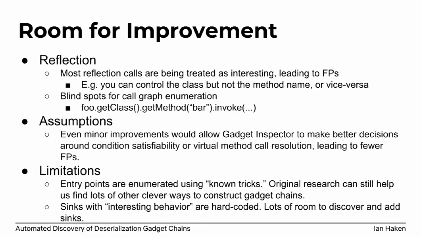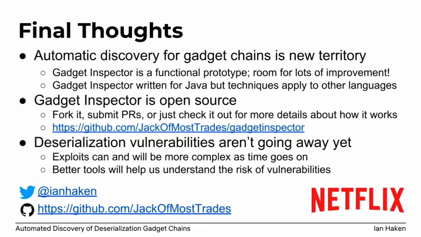But one of the things that I really think is worth taking away from this is that it's completely uncharted territory for the deserialization space, automatically finding these gadget chains. And I feel like it's proven, just in this sort of proof of concept that I've built, that it's able to find some really useful things. And, as I mentioned at the beginning, going through the history of deserialization vulnerabilities, they're not going away yet.